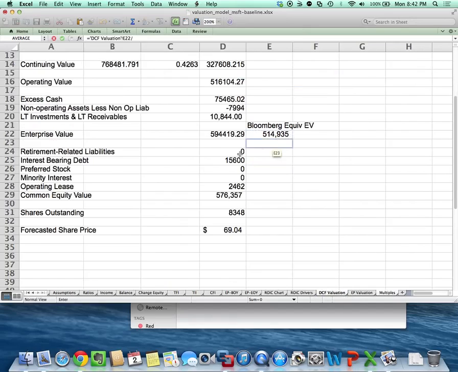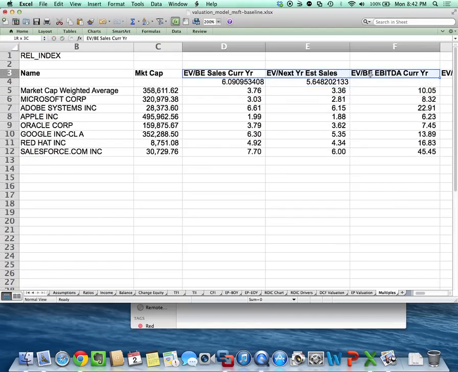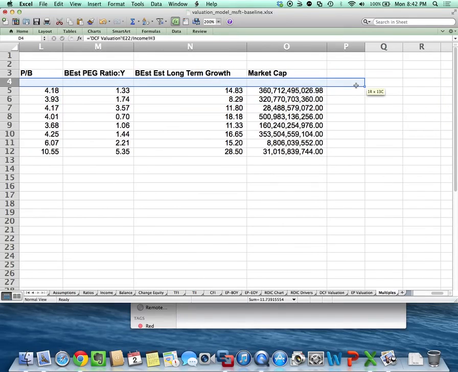Enterprise value to ratios, income, sales 2. And I'll make all of these 2 decimal places.